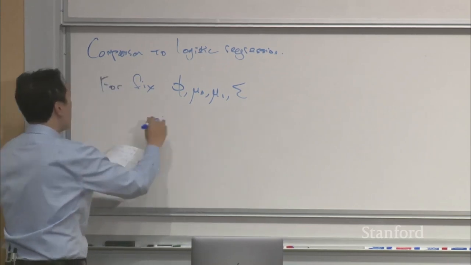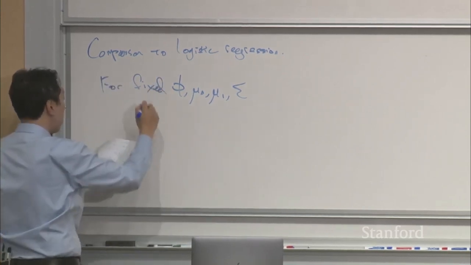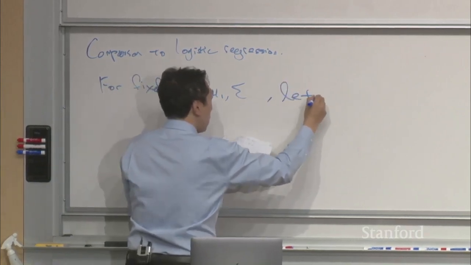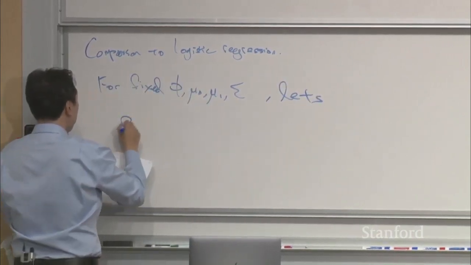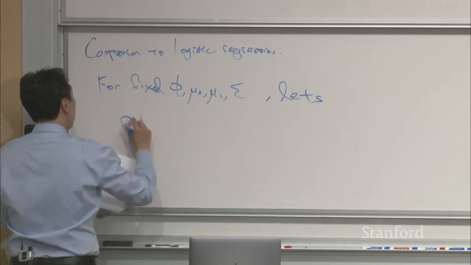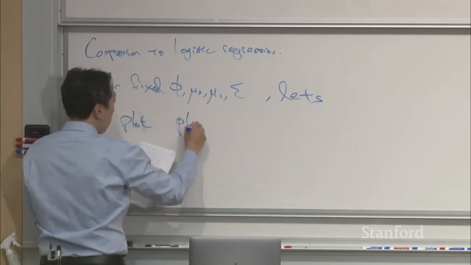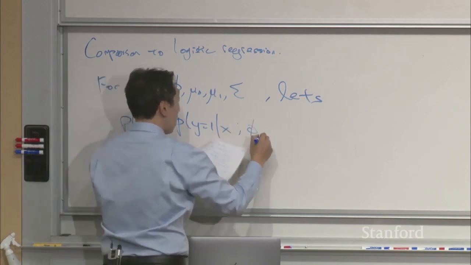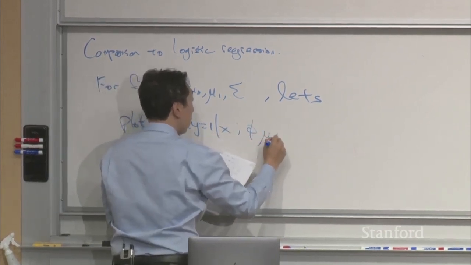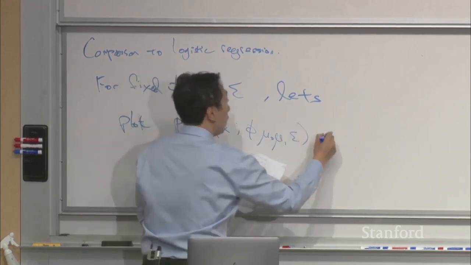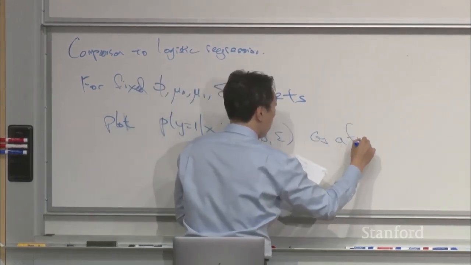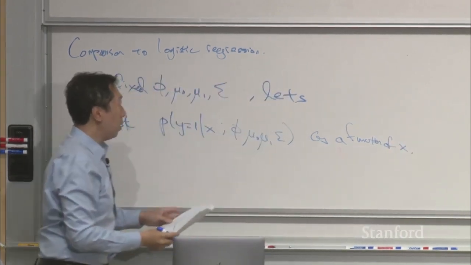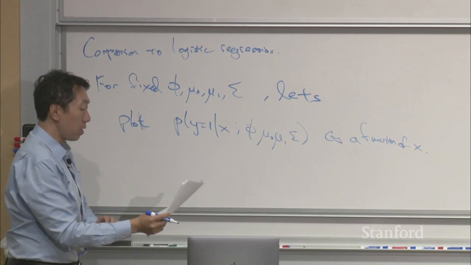So let's say you've learned some set of parameters. I'm going to do an exercise where we plot P of y equals 1 given x, parameterized by all these things, as a function of x. I'm going to do this little exercise in a second.